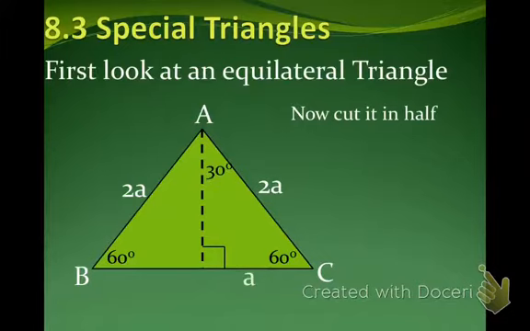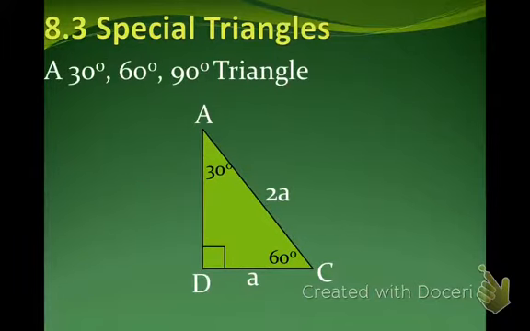We can consider that section of BC as equal to A because it's cut in half, so it would be A on each side, right, equaling 2A. And you can now see why we use 2A for our side length, so that this is a nice, neat A. And if I chunk that piece off that we're not going to worry about today, I now have a 30, 60, 90 triangle. I know one of these is A and one of these is 2A.